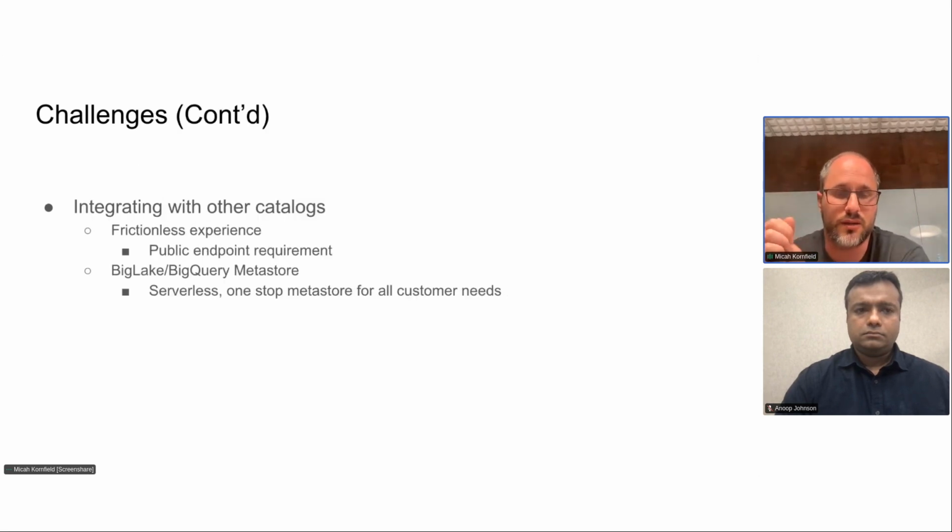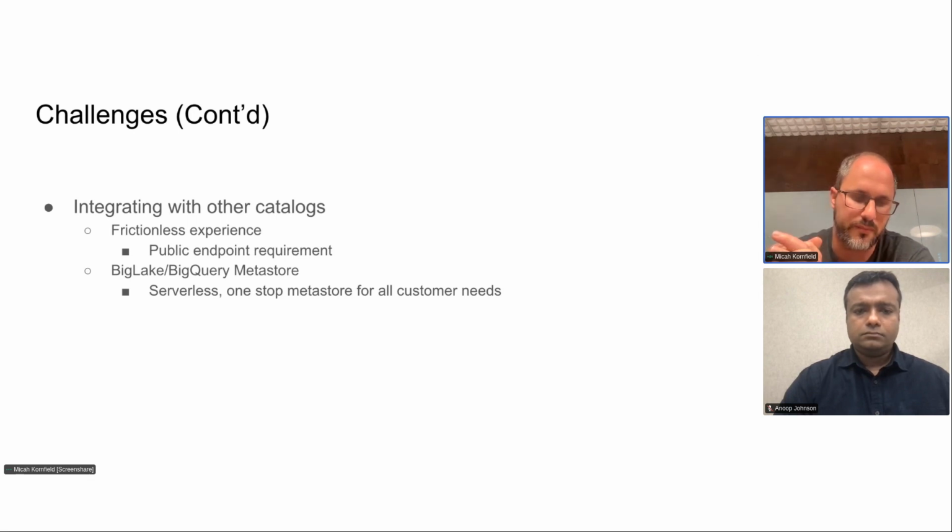Okay. The next challenge, and I think this is something that the community is unifying around, is working with catalogs. Because BigQuery is a multi-tenant service, it's a little bit hard to hook up to one-off instances of, let's say, Hive Metastore or even a REST catalog.